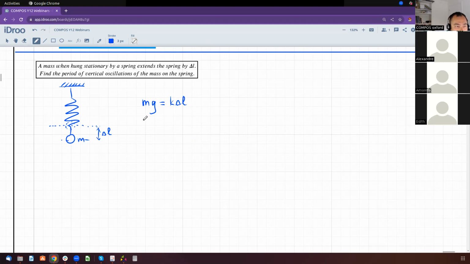We know that the time period of a mass-spring system is 2 pi square root m over k. We can do several things here. We can make m the subject and substitute it in.